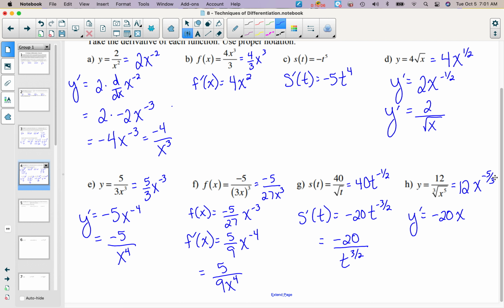Lower this by 1, which makes that -8/3. So that's my derivative. I'm going to change that to -20 over 8. Oops. Make that an x. x to the 8/3.